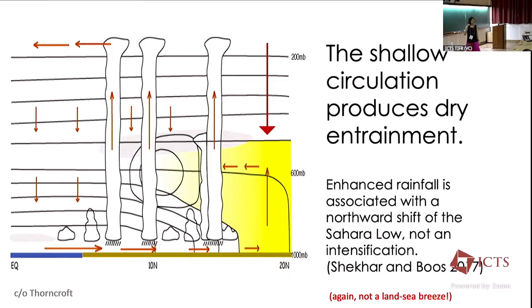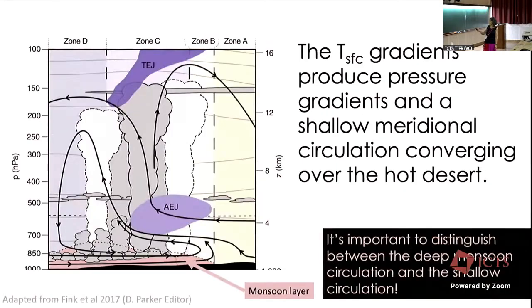The rainfall is still south of the African easterly jet. Do I have it properly? Not so much in this diagram, maybe better in here, but most of the rain is still on this side because you do need this deep ascent, right?